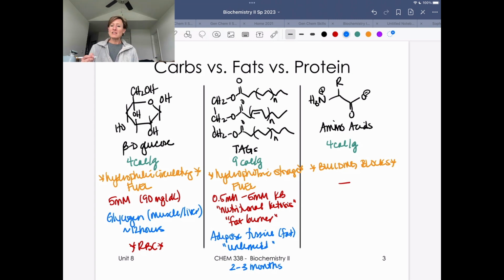Okay. But one of the things that we do want to think about is reserves. And the reserves that we have for proteins and amino acids are really unintended reserves. What do I mean by that? If you needed some amino acids and you aren't consuming proteins, you need to get them from somewhere. And we'll talk about why you need those amino acids in just a moment.